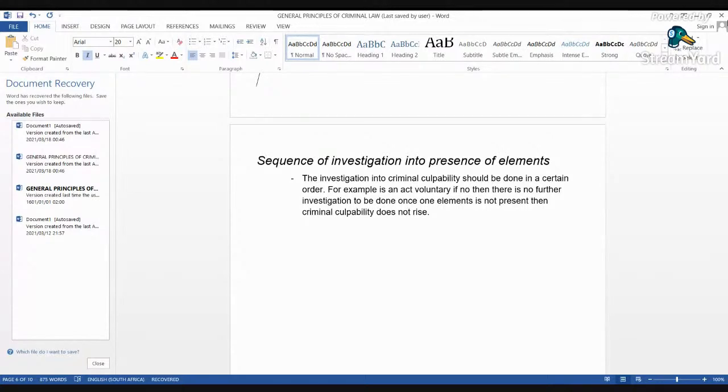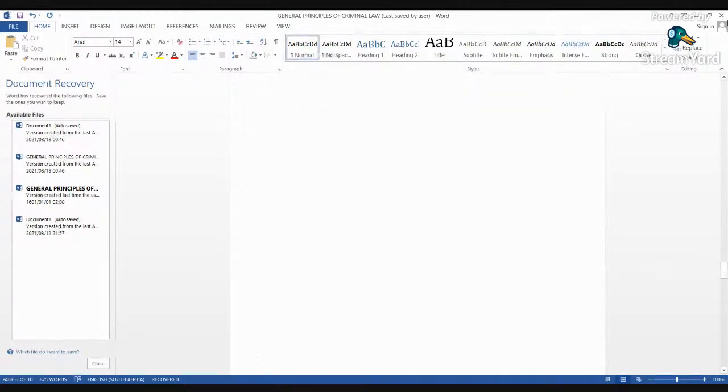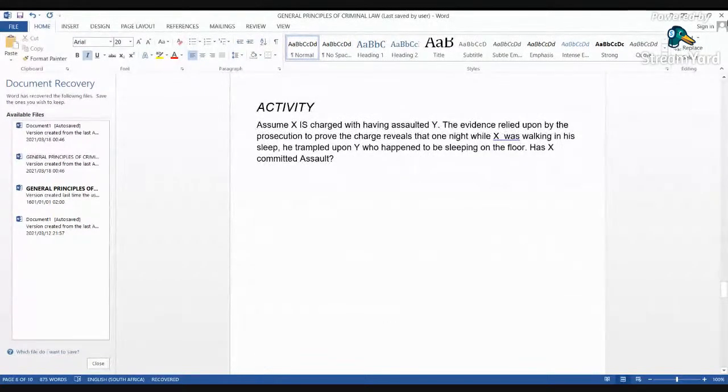So just make sure, if you're going to give rise to criminal liability, all four legs of the chair are there. And then we move on to the activity in the study guide. The activity reads: assume X is charged with having assaulted Y.